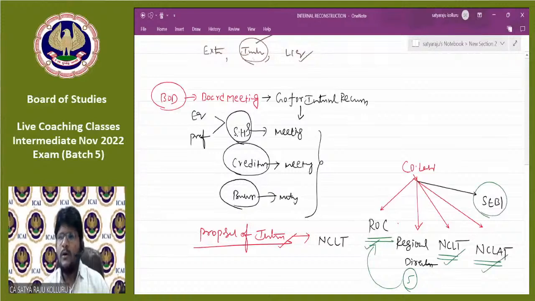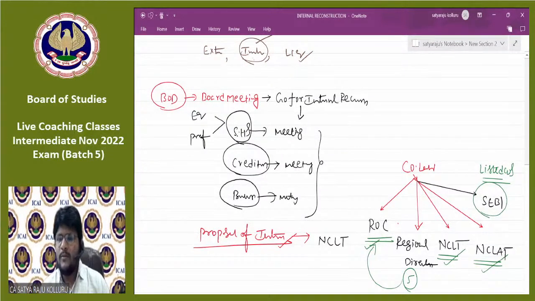Then what about this SEBI, sir? SEBI is nothing but the Securities Exchange Board of India, the full form. It is the regulator in the case of listed companies, whose securities are listed on the stock exchanges, where a lot of public money is involved. And there is a high risk of certain frauds occurring internally in the company.